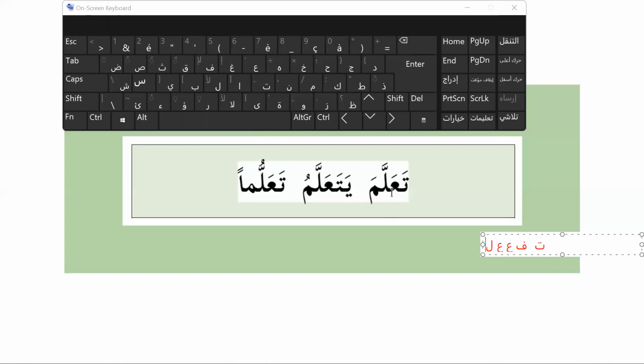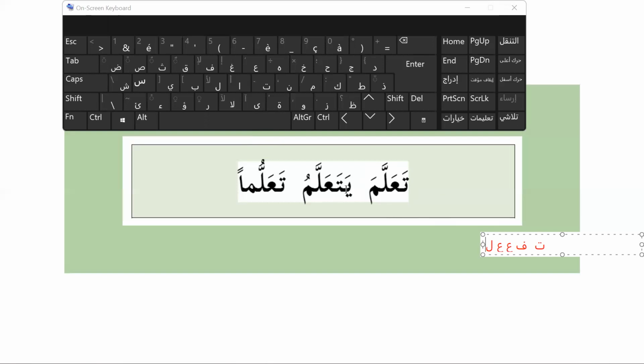And in fe'l madi, this family has fatha all over. So ta'allama: ta is coming from the family element, and then allama. Ta'allama is the fe'l madi.